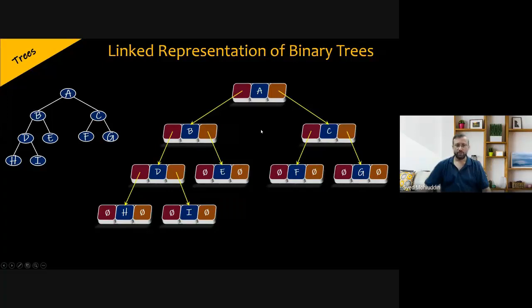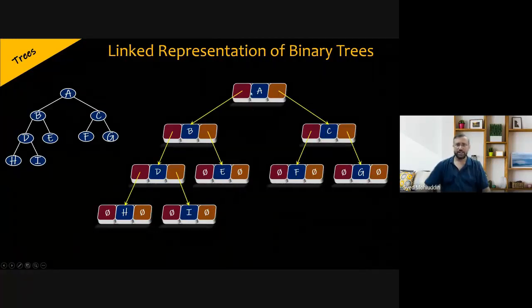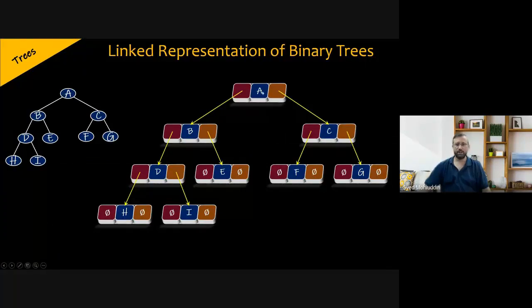Instead we have a node which contains the element. For example, if A is the node, it contains the element, and then the node contains the link or address of the left subtree and the right subtree. So each node will have an element with its address to the left subtree and address to the right subtree.